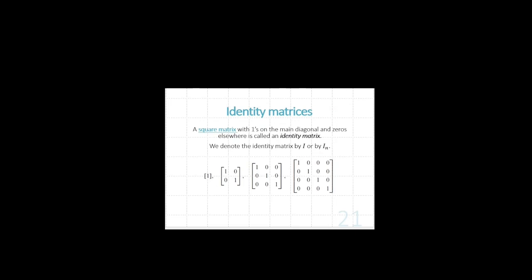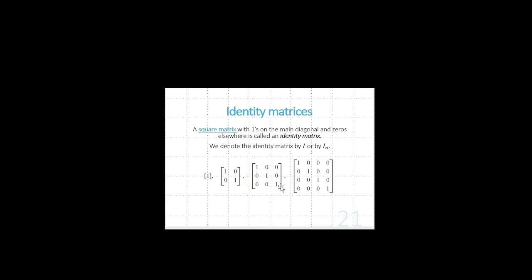So next type of matrices, to directly answer your question, we now know 0 matrices, so they're all zeros. Here's your next type of matrix. You have an identity matrix. Can anybody guess what the properties of these are?